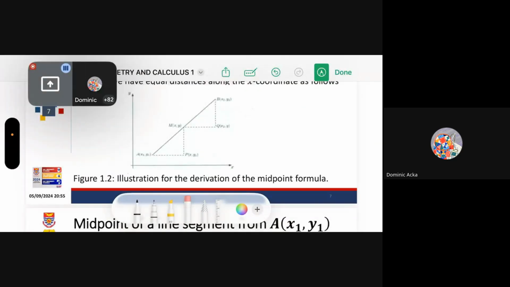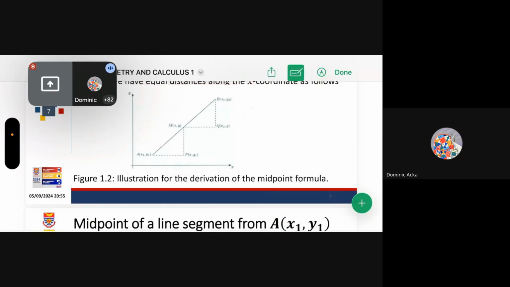Let me clean this. Okay, Dominic, we are here. Not this diagram, the first one. The right angle triangle you wrote.